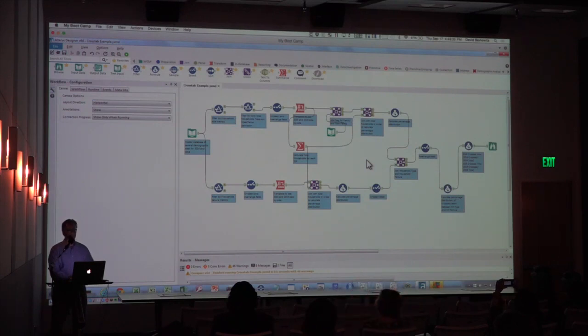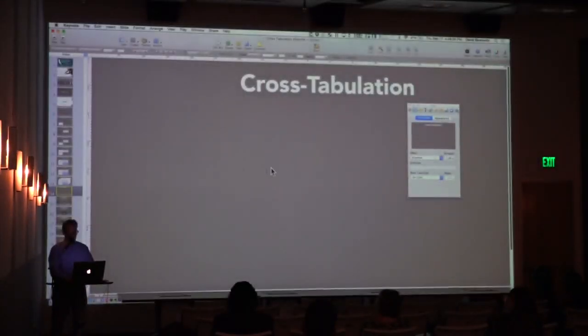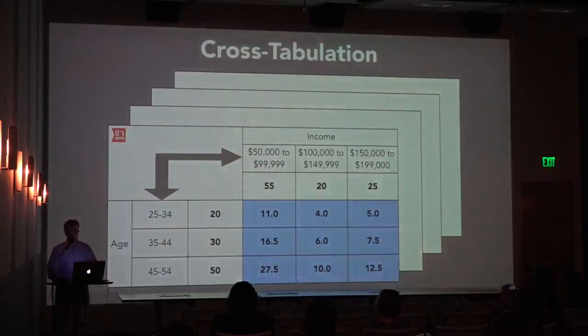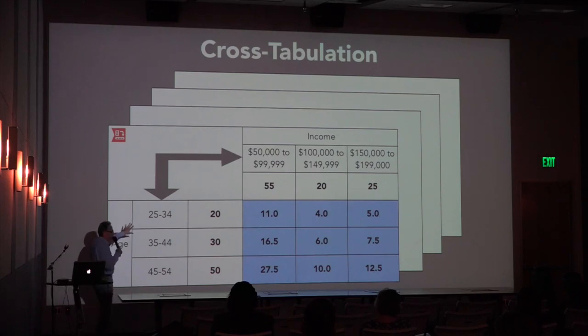Yes? On that cross-tab that you showed, those were number of people in each category? Yeah, let me take you back to that. I was probably rushing through this. So here you see, in this fictitious example, you've got a city, let's just say call it a city, and you've got this age breakdown of the population.